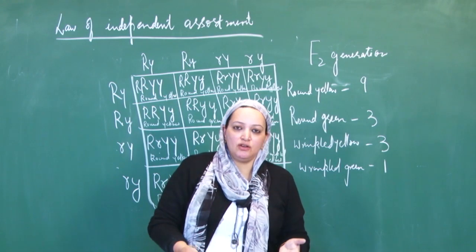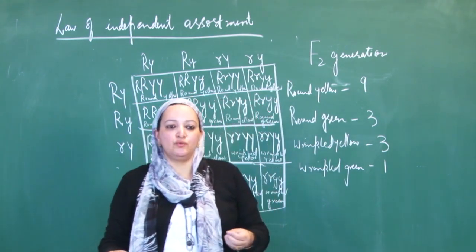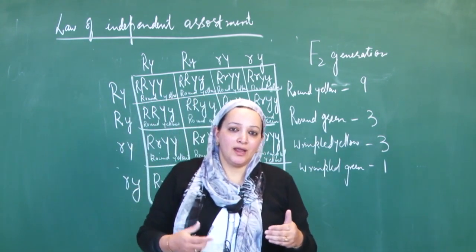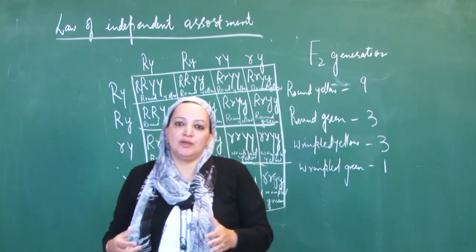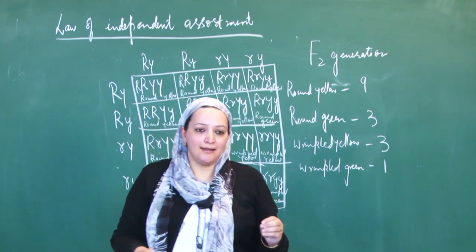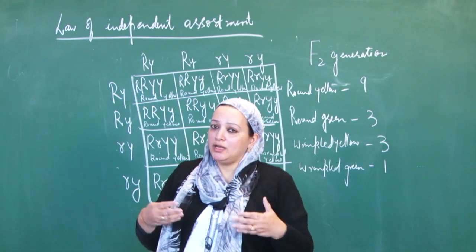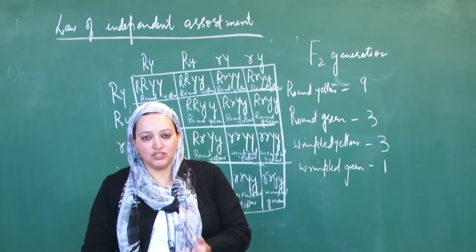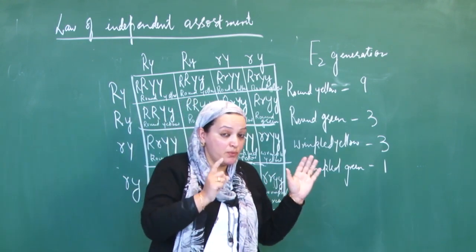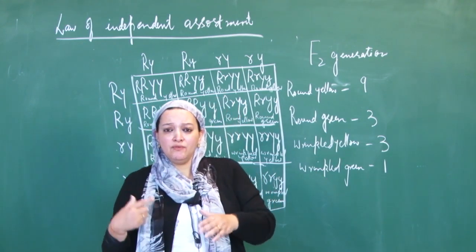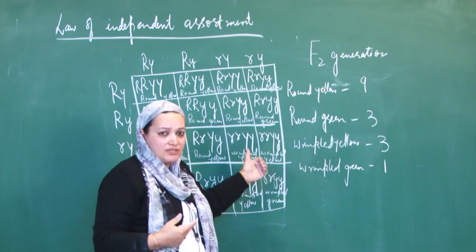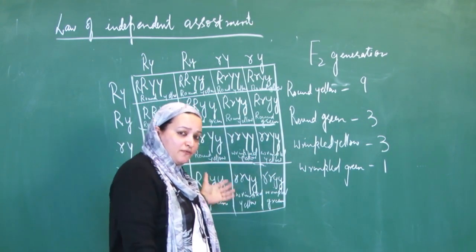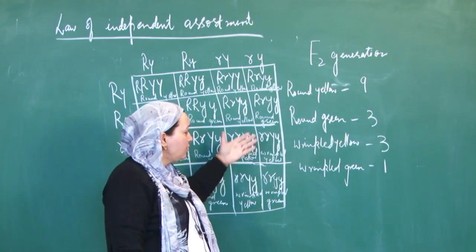And in F1 generation, we got pea plants with round and yellow seeds, but these were in a heterozygous condition, though their parents were pure.